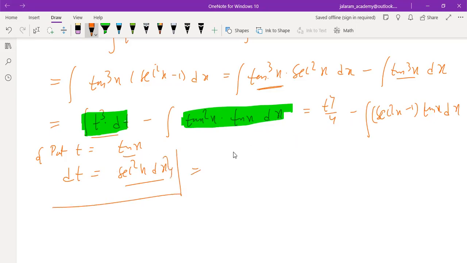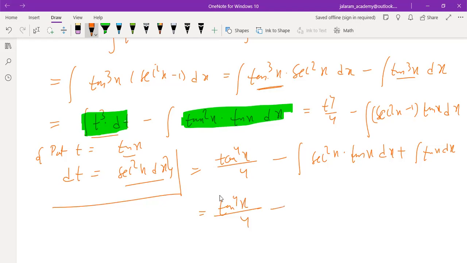Then write the value of t, it is tan x, so tan to the power 4x upon 4 minus, multiply to get sec square x into tan x dx minus minus plus integration of tan x dx equals tan to the power 4x by 4 minus.